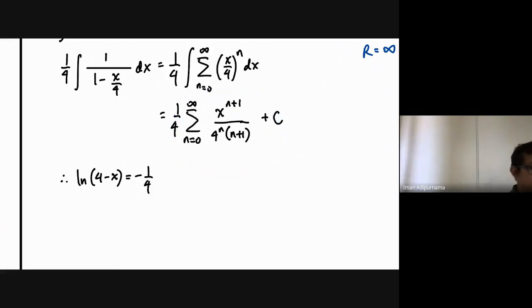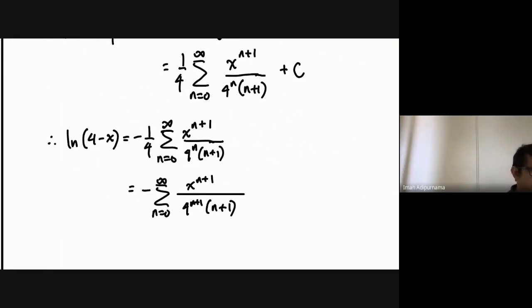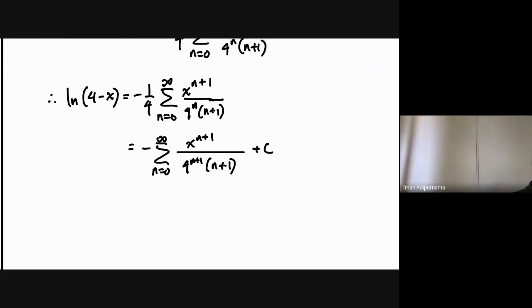Okay, we can solve it. Simplify. And if you want, we can shift the n to remove the +1.